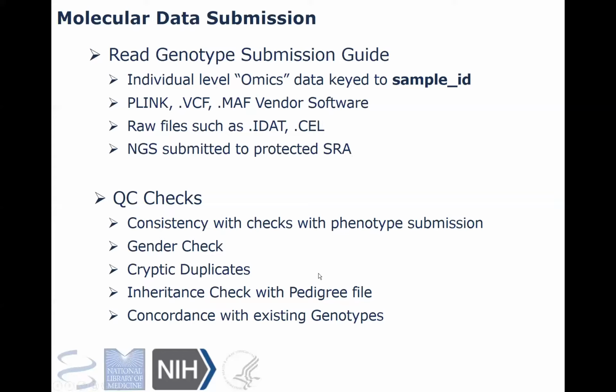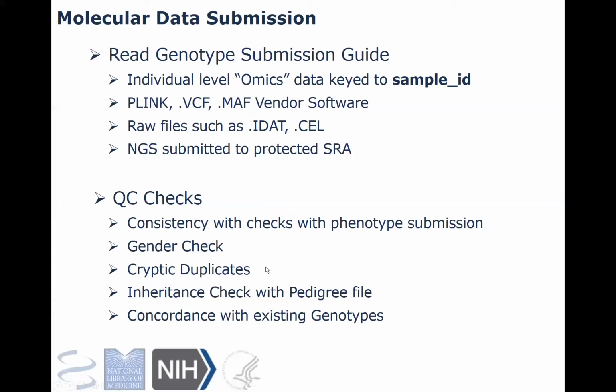So if you tell us that these samples are from two different people, but when we look at the genetics, it looks like they're the same person, then we resolve it to maybe a twin or something like that. But the cryptic duplicates do show up quite a bit in the studies that we're processing.